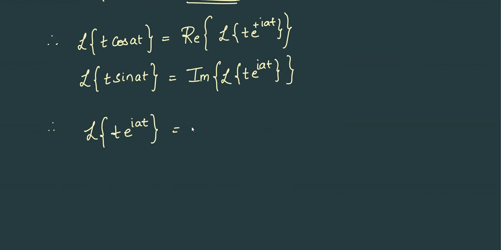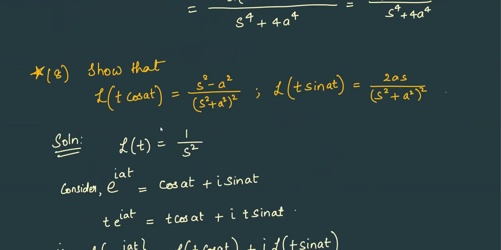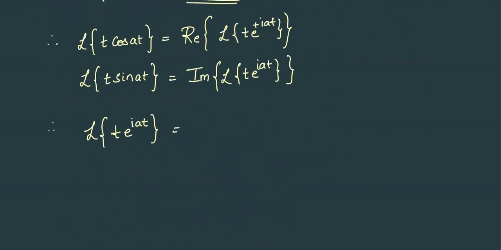So the Laplace transform of t is 1 by s square. Now when you multiply with e power at, it becomes 1 by s minus a whole square. So here you get 1 by s minus ia the whole square. This is what it is.